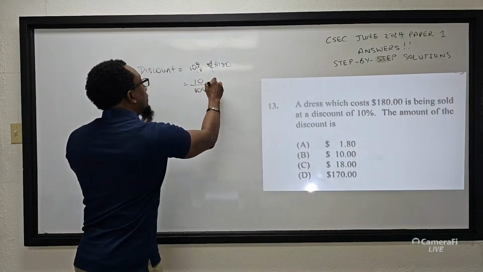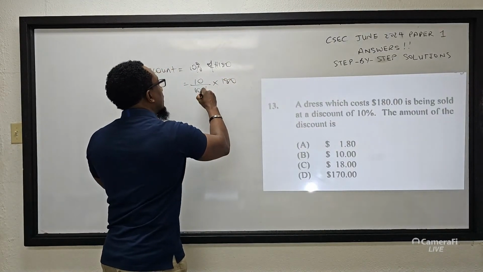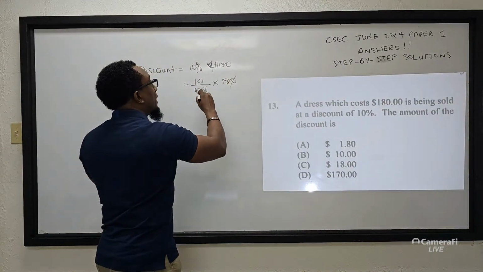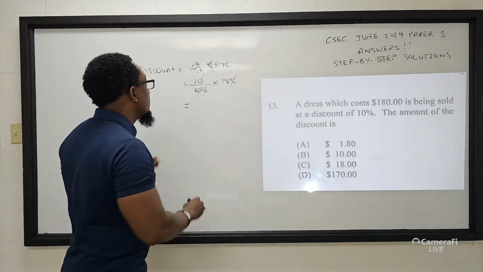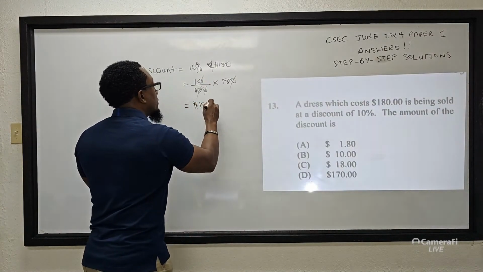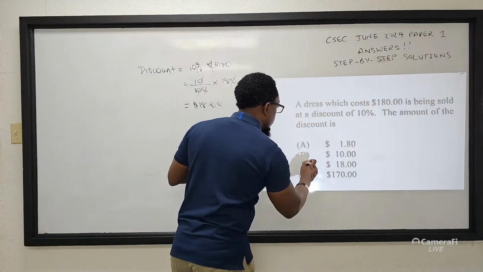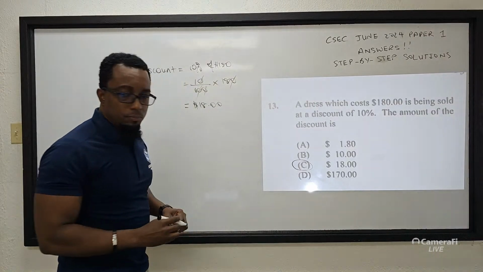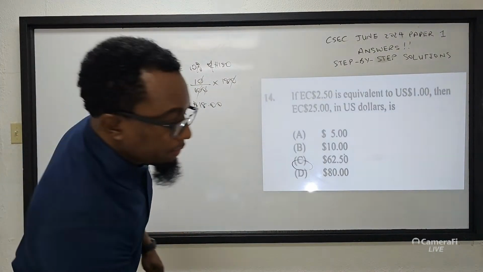That's 10 over 100 times 180. The zeros cancel, which leaves us with $18. So your discount is $18, question 13C. Let's move on to question 14.